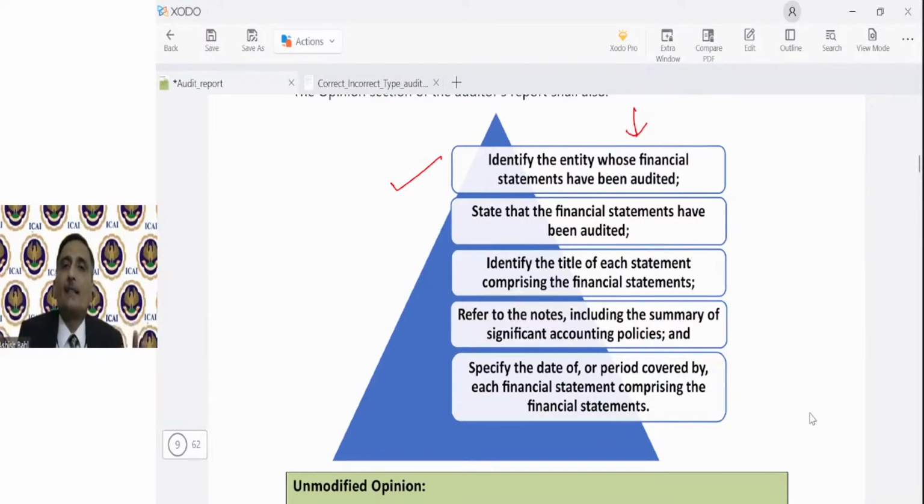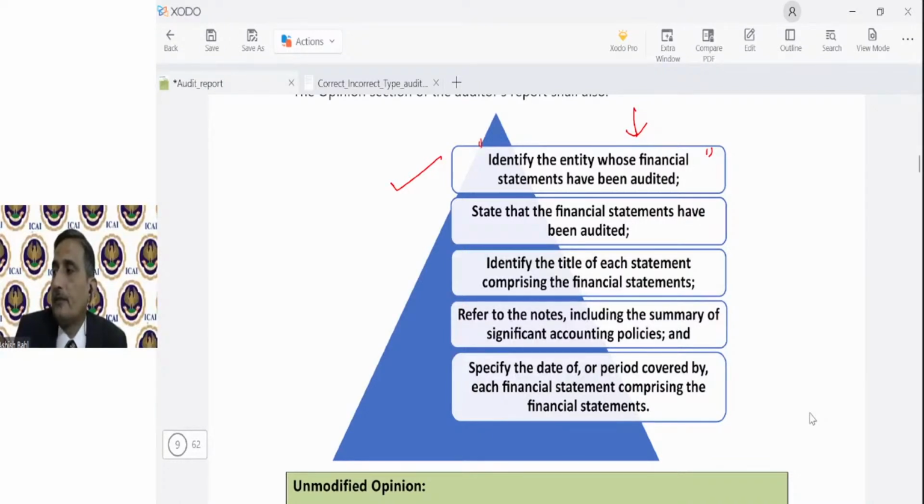Say he writes that we have audited financial statements which comprise so and so, say balance sheet, statement of profit and loss, cash flow statement of say XYZ Limited or say ABC Private Limited. So he identifies the entity whose financial statements have been audited. It is very important. कि आप किसकी फाइनेंशियल स्टेटमेंट्स आपने ऑडिट किए हैं, this you have to write.